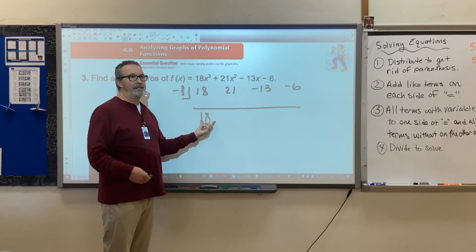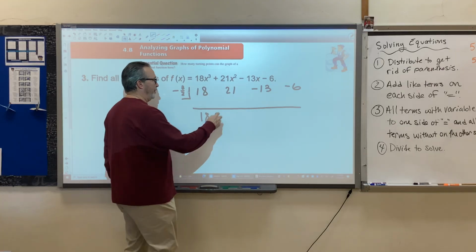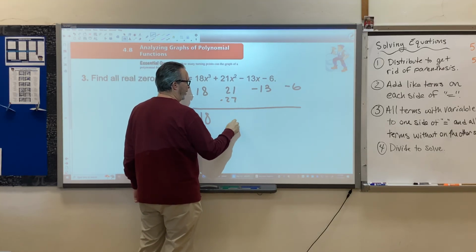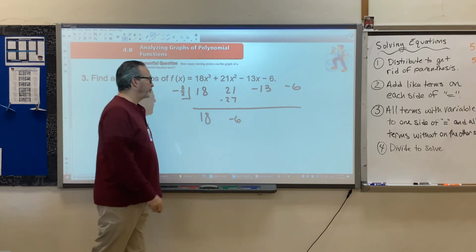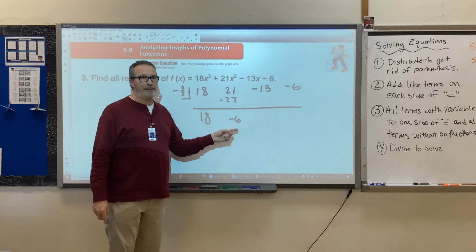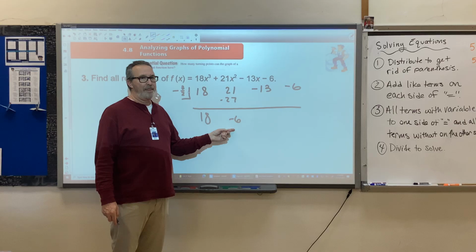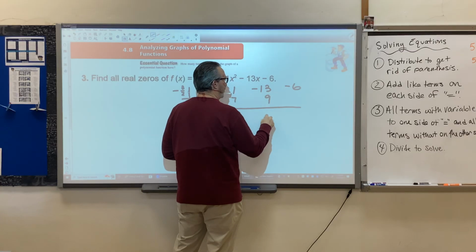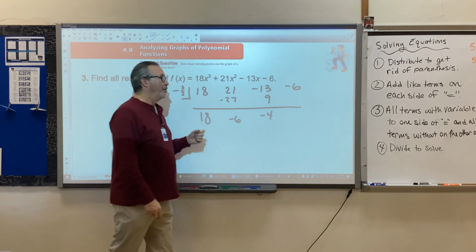Half of 18 is 9, times 3 is 27. It's -27. Add these together. You get -6. -1.5 times -6 is all of 6 plus half of 6, 9. Add them together, you get -4.